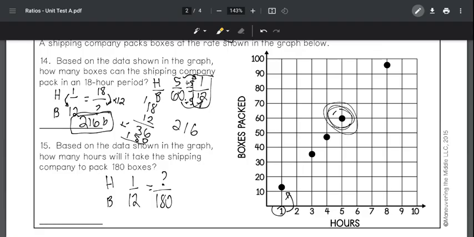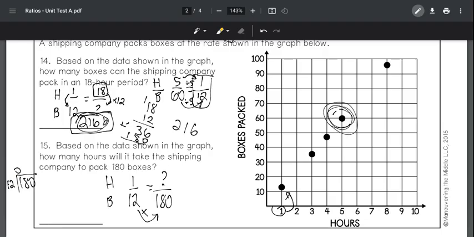Okay, obviously based off the last problem, we're not making as many boxes, so we know it has to be smaller than 18 hours, okay? So you can do 12 times whatever, and guess and check to figure out 12 times what equals 180, or you can do 180 divided by 12 to figure out our scale factor. Sometimes I like doing the division and figuring that out easily.